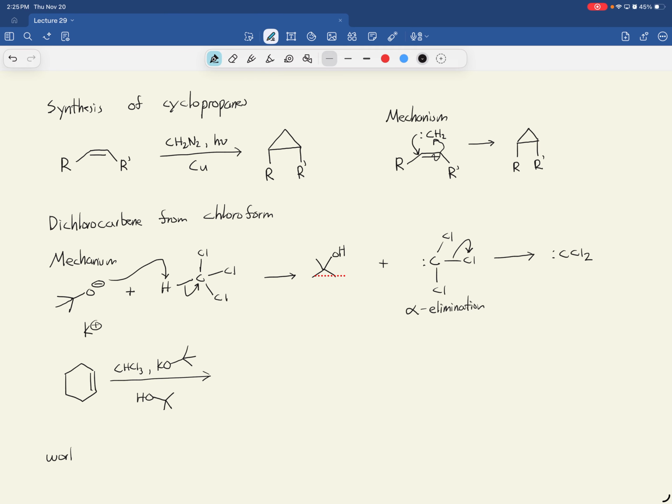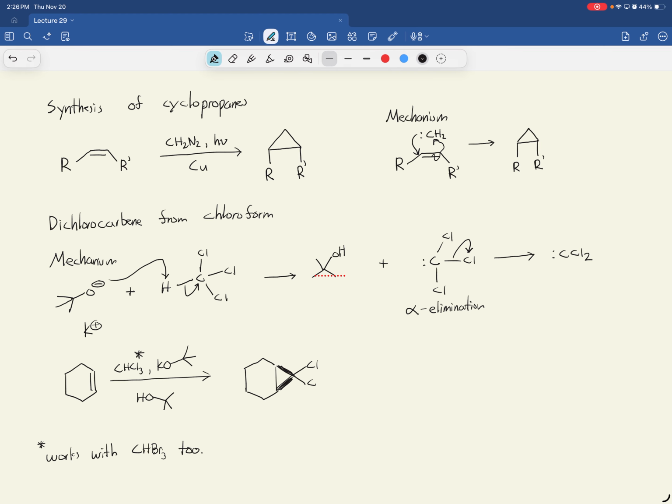So this also works with CHBr3 as well. So let's just put an asterisk there. It also works with the dibromo compound, okay? All right, so you get this reaction, and the product you will get is a cyclopropane.